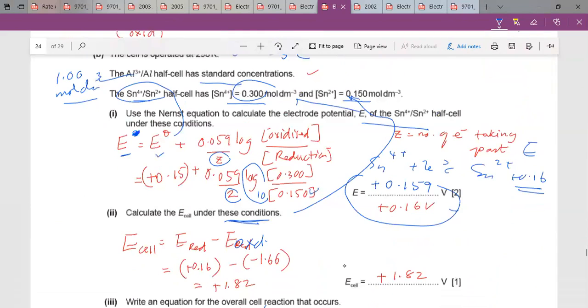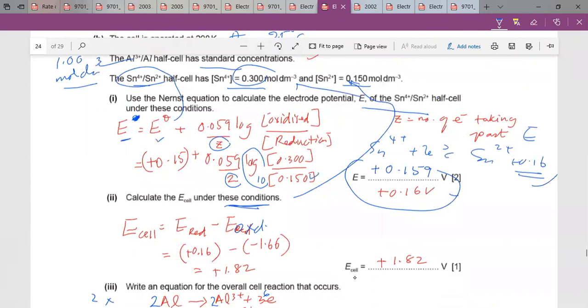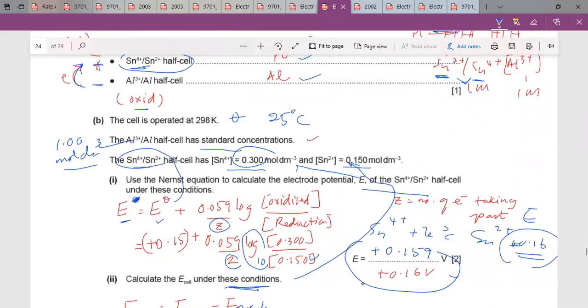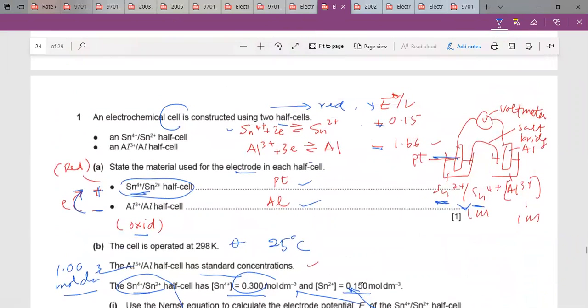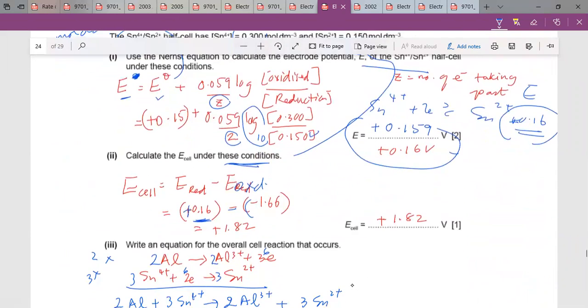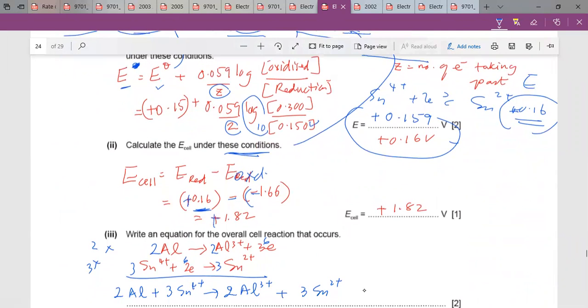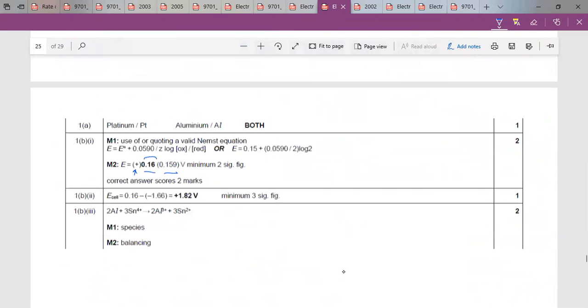This is the tin one, in the reduction form, plus 0.16, minus, now your oxidation is aluminum. What's the original one? Minus 1.66. So make sure you put minus 1.66. Minus a minus, so you get plus 1.82. 1.82, minimum 3 significant figures.